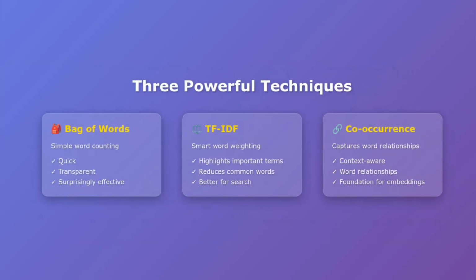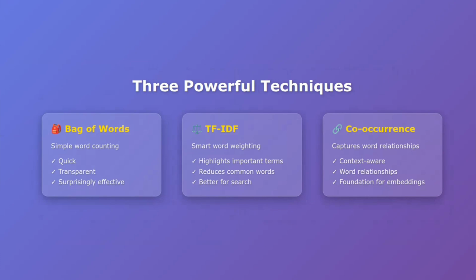Today, we're covering three powerful techniques that do exactly this transformation. First, we have bag of words, the simplest approach that just counts words. It's quick, transparent, and surprisingly effective for many tasks. Next is TF-IDF, which is smarter about weighting words.